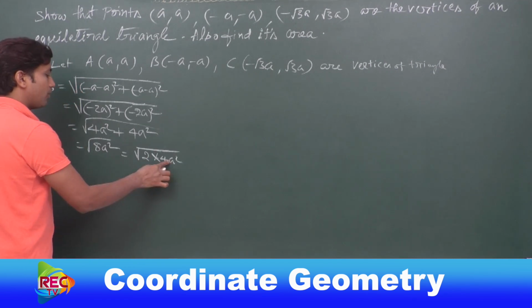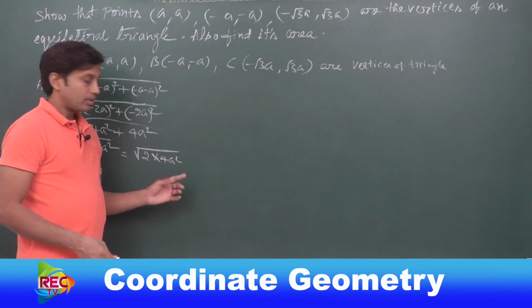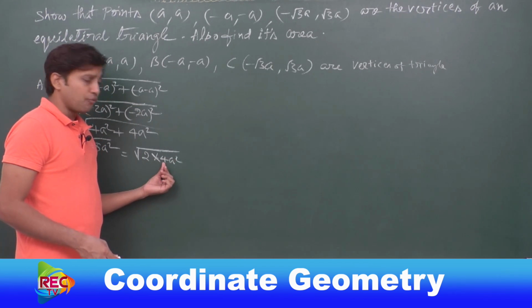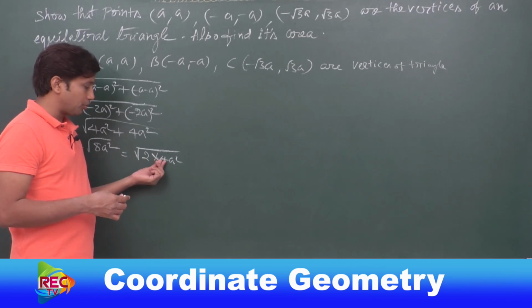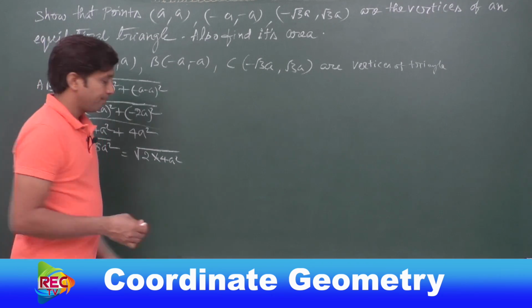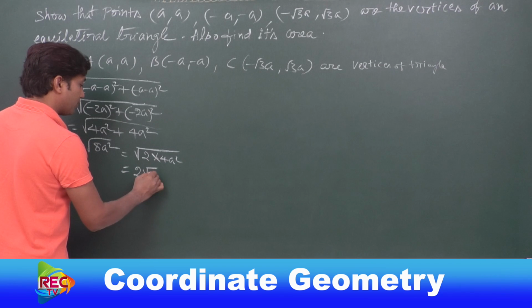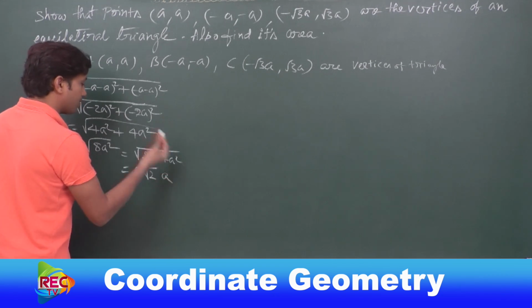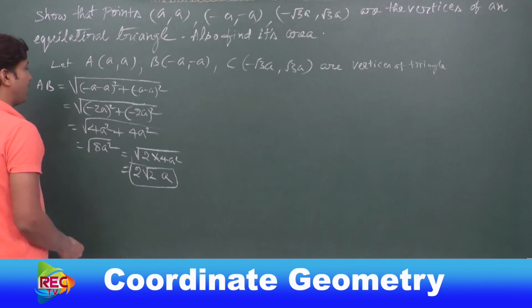Now this 4a square will come out. So what happens? 4 will be 2 after you bring this outside, and a square will be a. So this 2 is left inside and the rest comes out to become 2 root 2a. Understood? So this is 2 root 2a units.